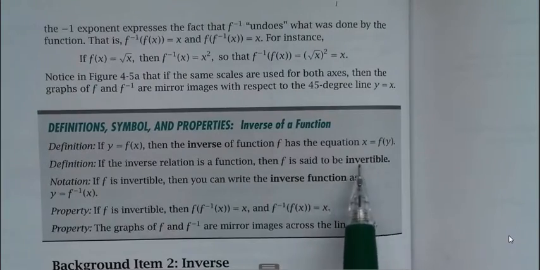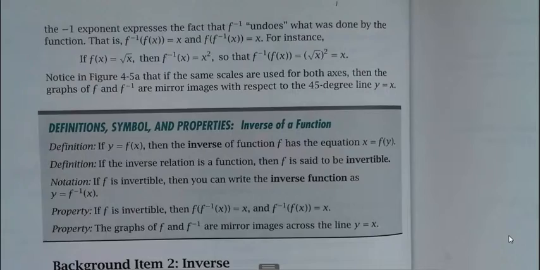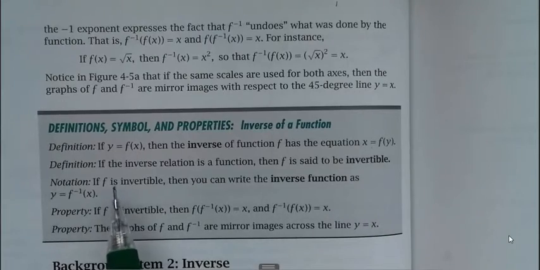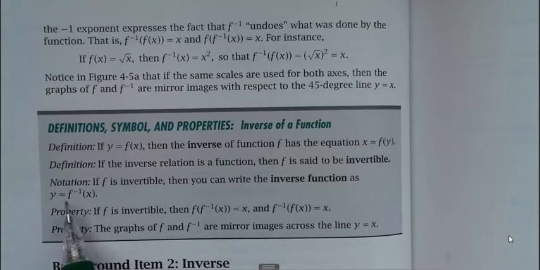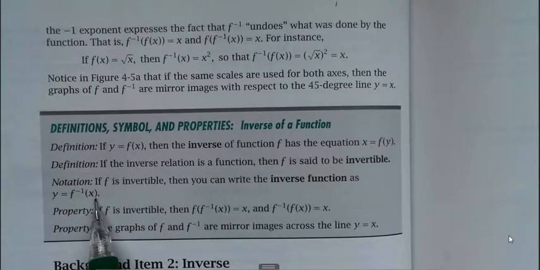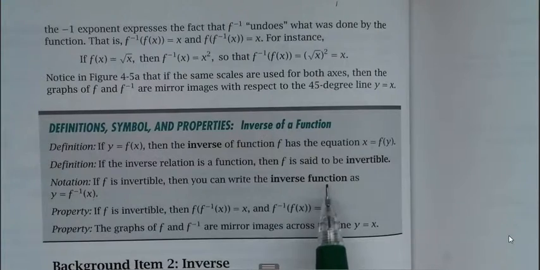That's not really important, and I've never brought that word up before. But if your inverse relation is actually a function, then you can write it using inverse notation, so f to the negative 1 of x. That's how we notate inverse functions.